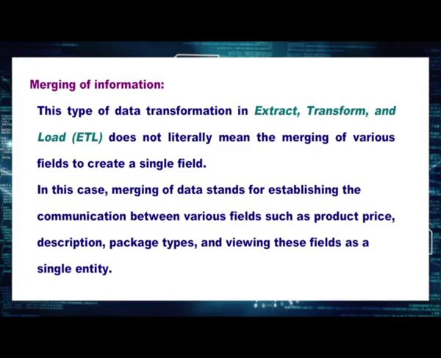This type of data transformation in ETL does not literally mean the merging of various fields to create a single field. In this case, merging of data stands for establishing the communication between various fields such as product price, description, package types and viewing these fields as a single entity.